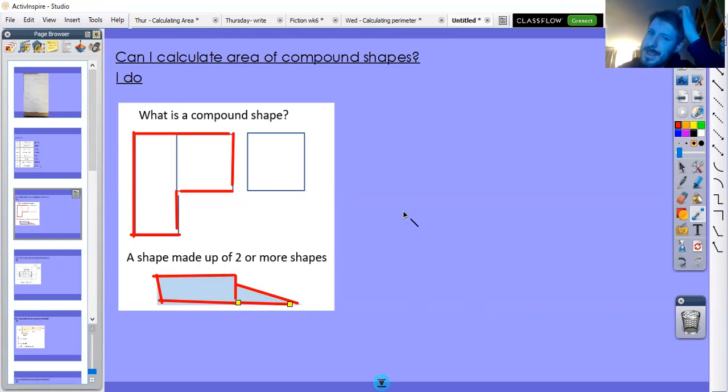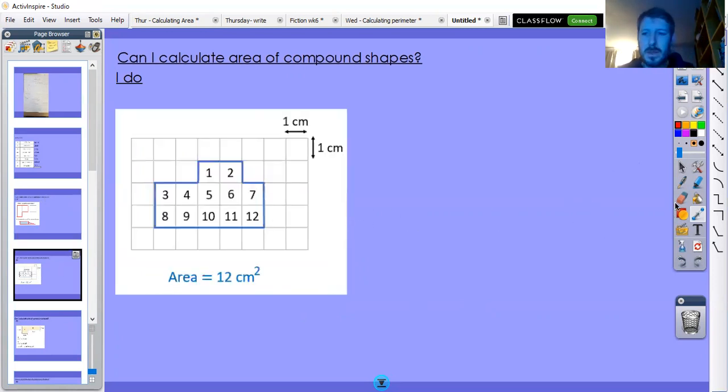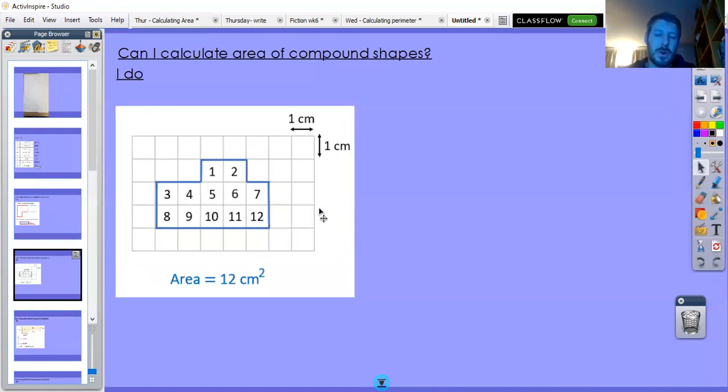So how then do we find the area of compound shapes? Well, if we look at this one here, there are two rectangles making up this shape. It's a compound shape made up of two regular shapes that we know. So we've got one rectangle here, and we can pretend there's a cutoff here, and one rectangle here, which means we can think of the area of this rectangle separately from this rectangle and then add them together.